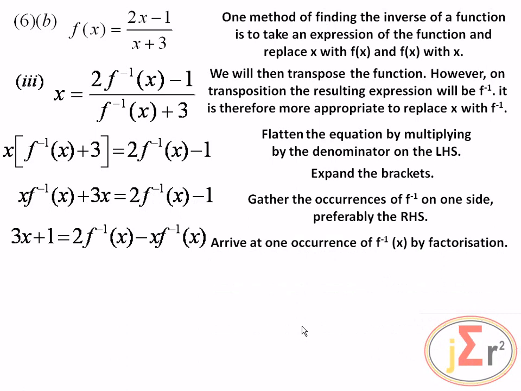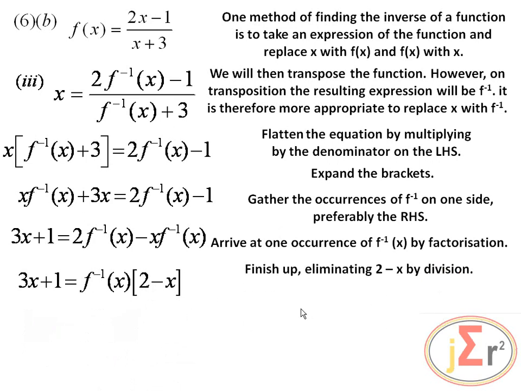Arrive at one occurrence of f inverse x by factorization. So we factorize taking f inverse x as a common factor, and we have left 2 minus x. Finish up eliminating 2 minus x by division, because this f inverse x that we have here is being multiplied by the bracket, or the contents of the brackets.